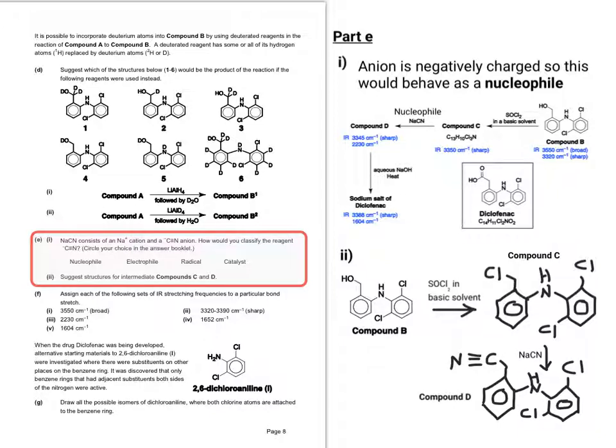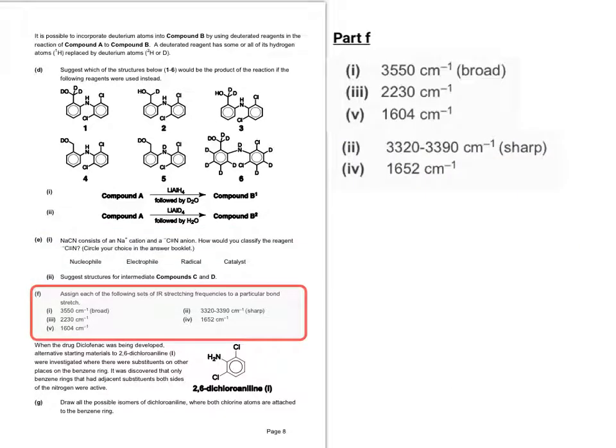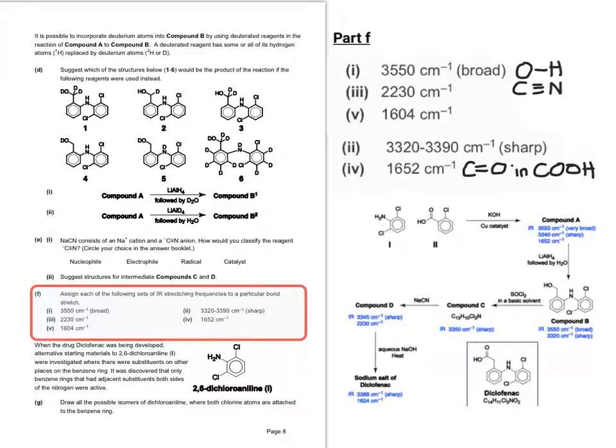Let's now go on to part F. Part F asks us to assign all of these different peaks and absorptions to functional groups or particular bonds. So we can work out some of the more obvious absorptions if we just refer back to the reaction scheme.